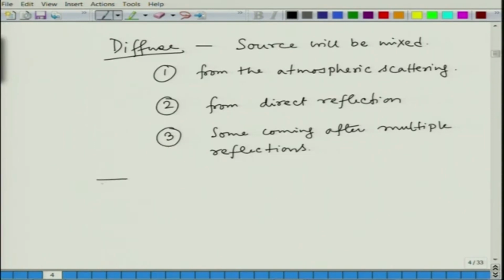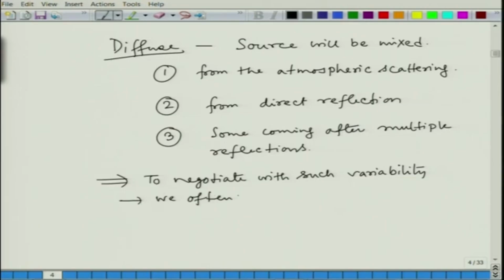So, to negotiate with such variability, we often divide it into a few major components. How we do it, that we will see in a minute.